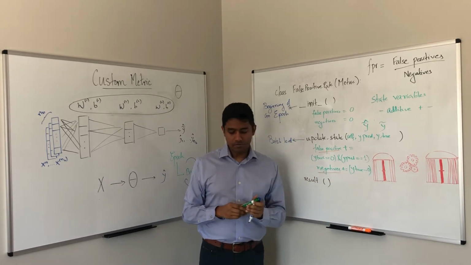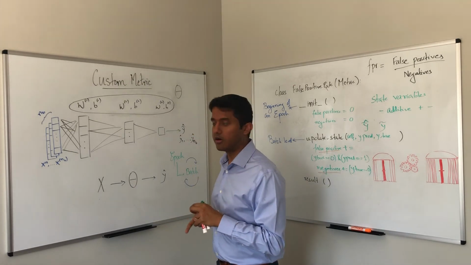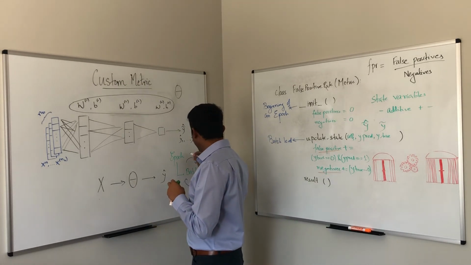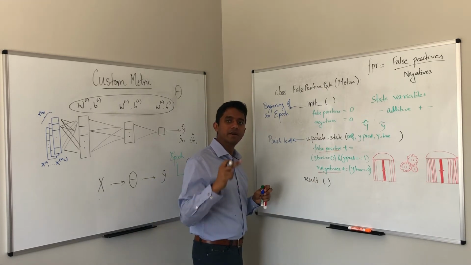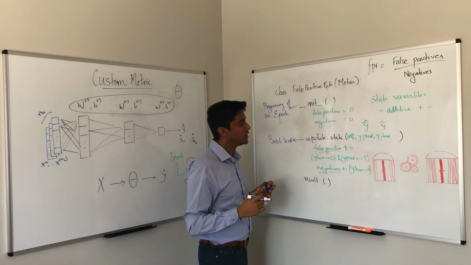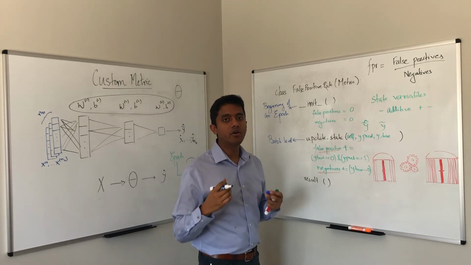When the iterations are going on for model training, batch by batch, this update state will be called repetitively over and over again for each batch until we reach the end of the epoch.